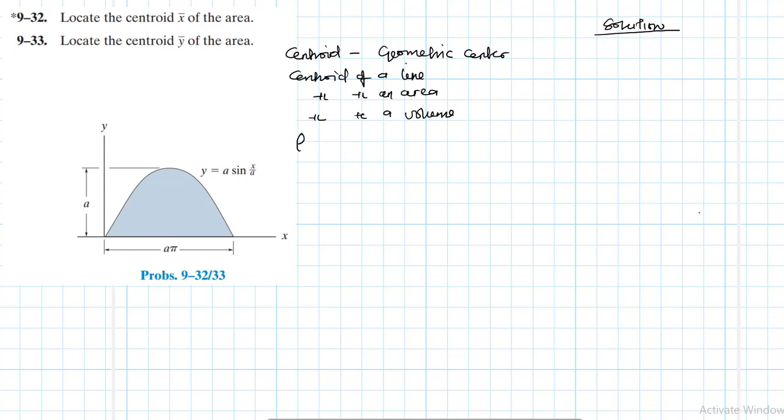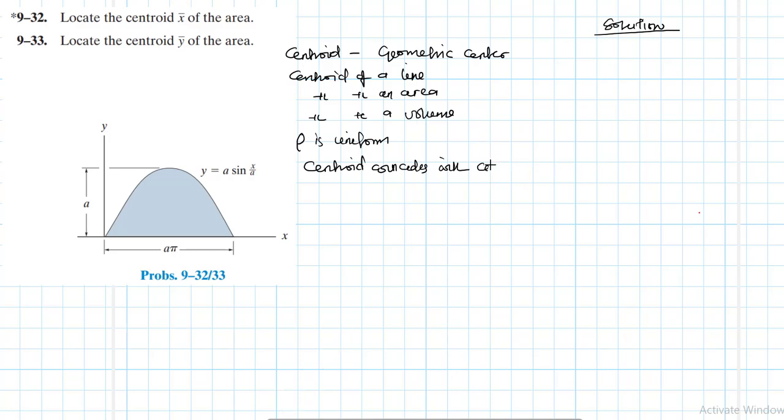When density rho is uniform, the centroid coincides with the center of mass.